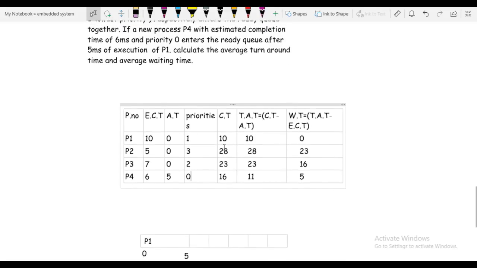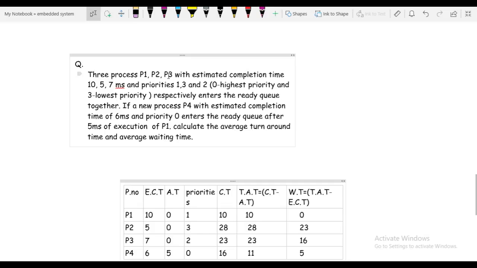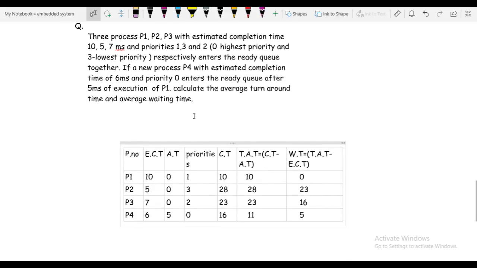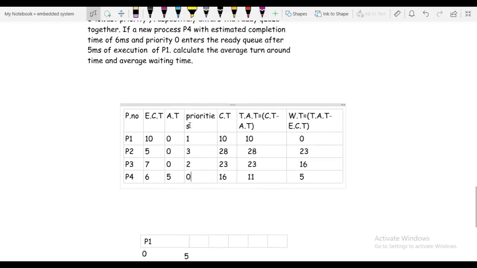Now the question is: 3 processes P1, P2, P3 with estimated completion times 10, 5, 7 milliseconds and priorities 1, 3 and 2, with 0 highest priority and 3 lowest priority, enter the ready queue together. A new process P4 with estimated completion time of 6 milliseconds and priority 0 enters the ready queue after 5 milliseconds of execution of P1. Calculate the average turnaround time and average waiting time.